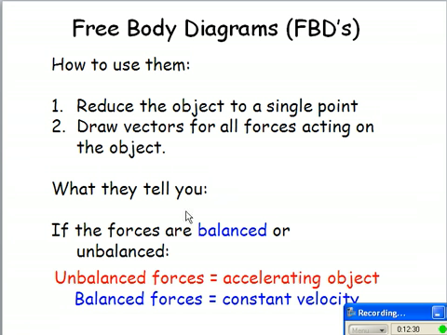And if the forces are balanced, then you will have a constant velocity. And if the forces add up so that there is an unbalanced force, you'll have an accelerating object. It's probably better just to take a look at a couple of these, and we'll do some examples in class.